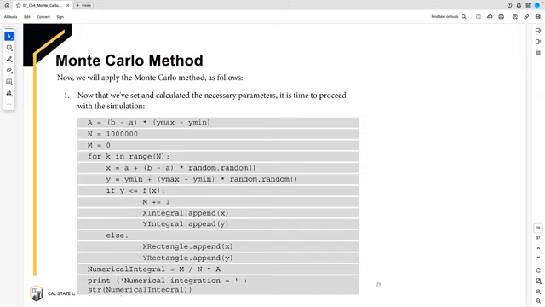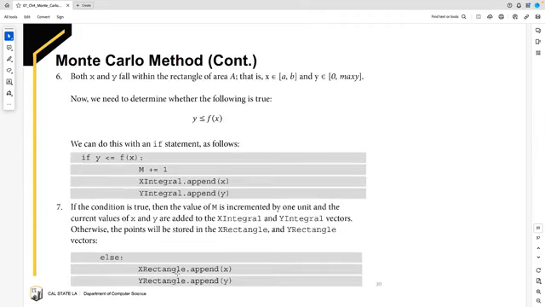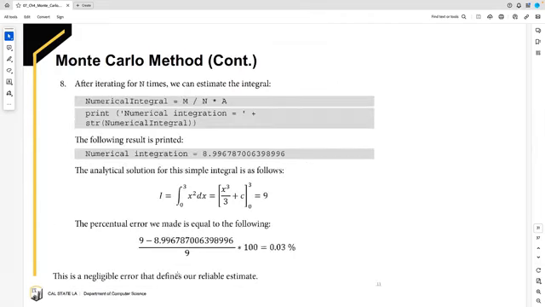So knowing the ranges for x and y, we can calculate A easily. What is not clear and you need to determine is m, which is the number of randomly generated numbers that are under the curve. Okay, and this is the description of what I explained to you.